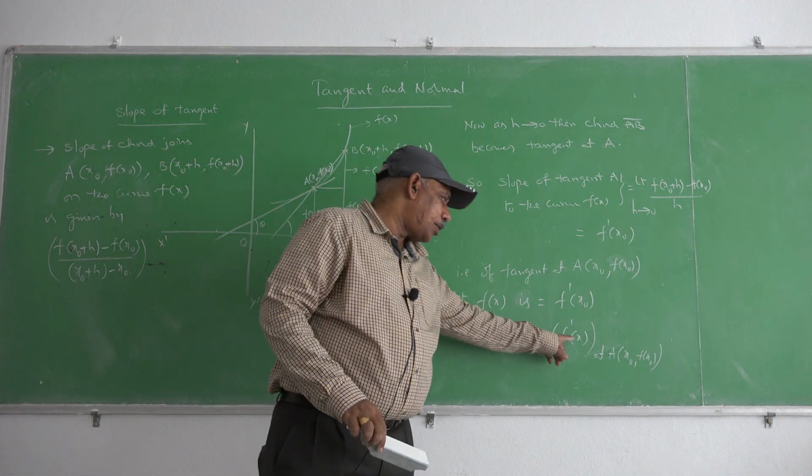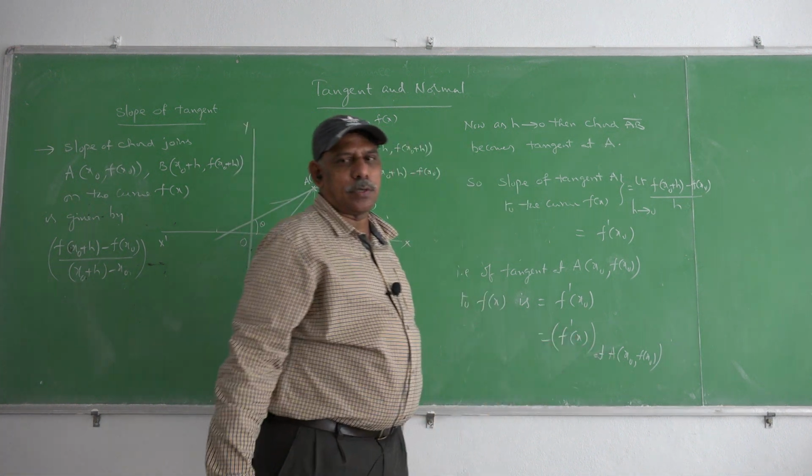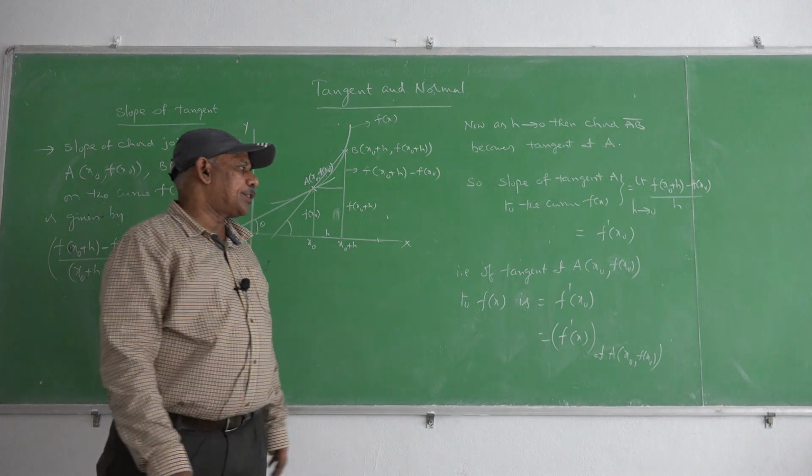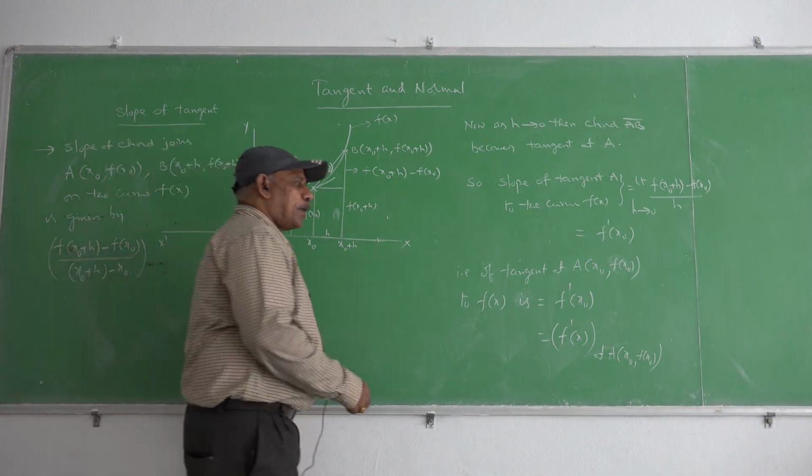So at x equal to x naught, the first derivative gives us the slope of the tangent.